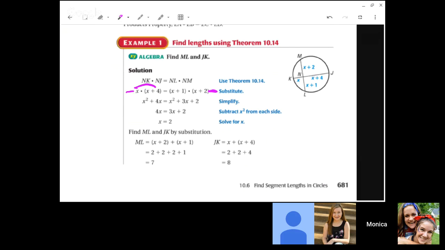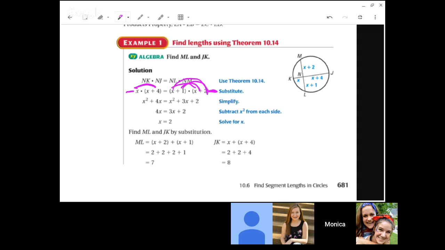So you're going to have to say x times x for the first, and then the outside is x times 2, inside is 1 times x, and the last is 1 times 2. All of that will give you this step. Still with me?